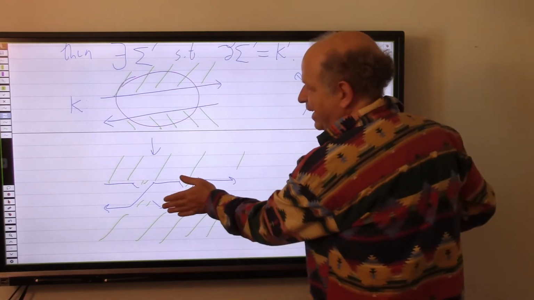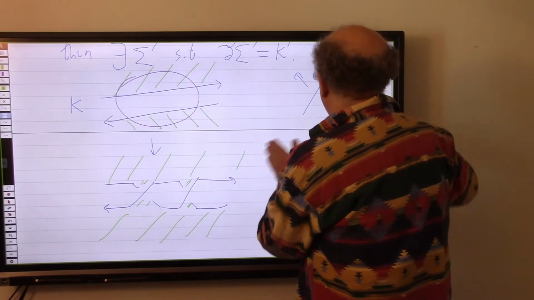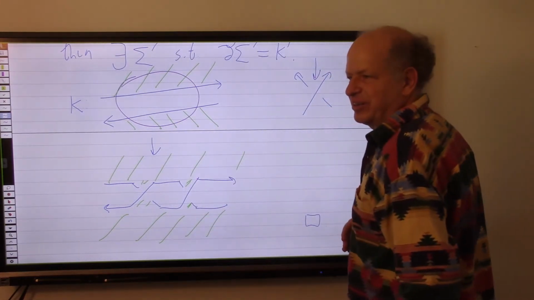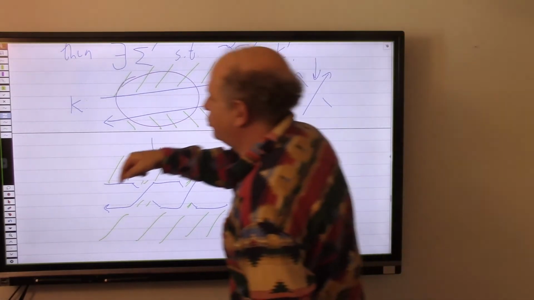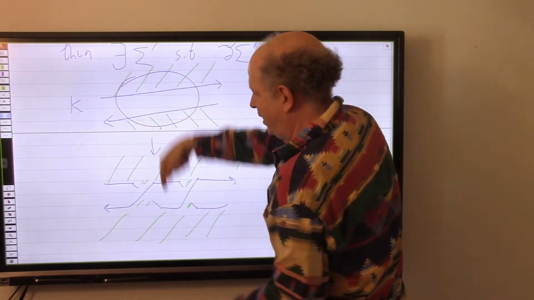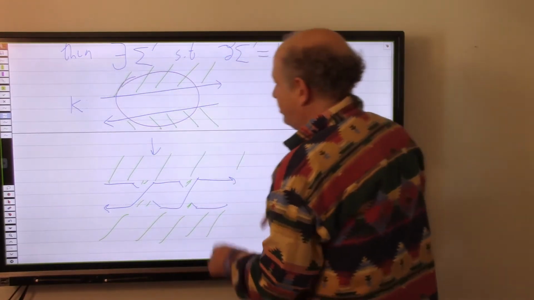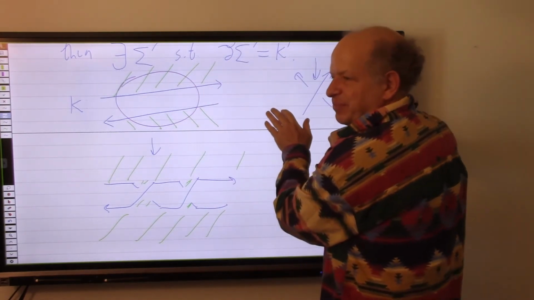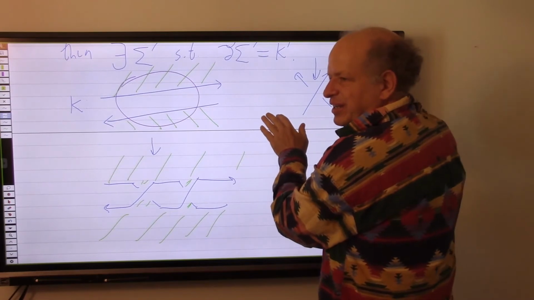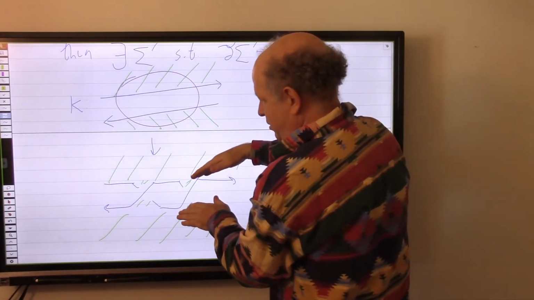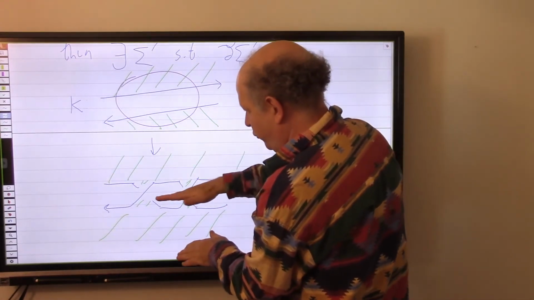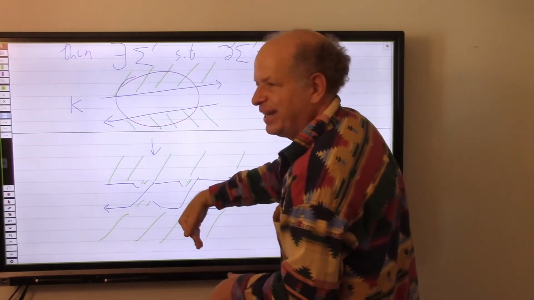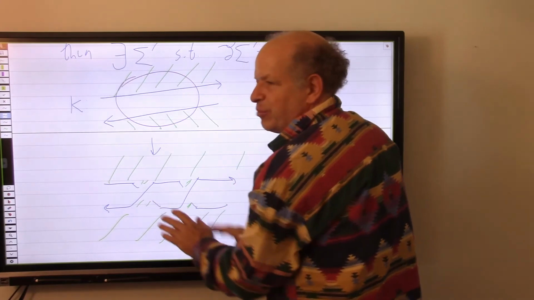This is a sideways picture, a picture of a crossing from the side. So if you want to compare it with the earlier picture, you have to look from above. And when you look from above, there is only one crossing.